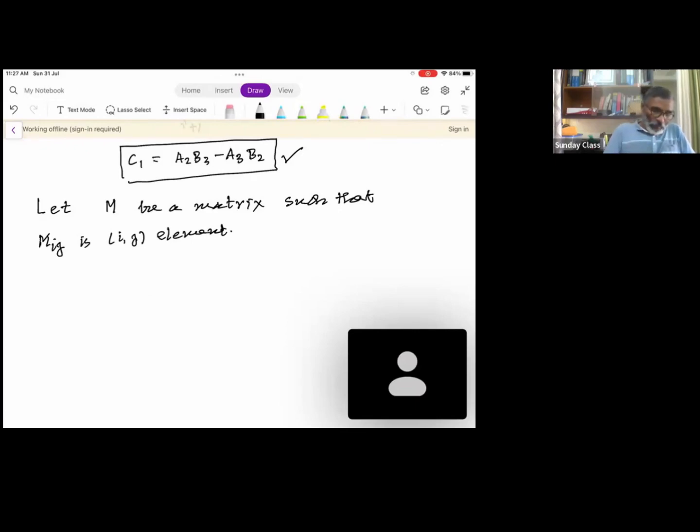Then one can also write the determinant of M as equal to epsilon ijk into M1i, M2j, and M3k.